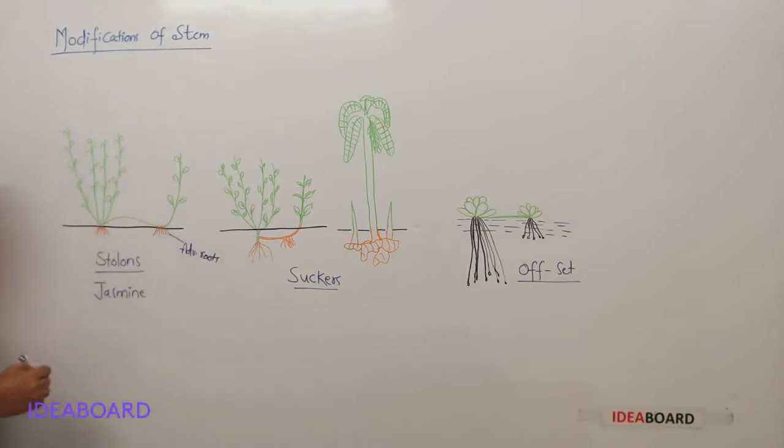Adventitious roots develop, and now this branch is called stolon.